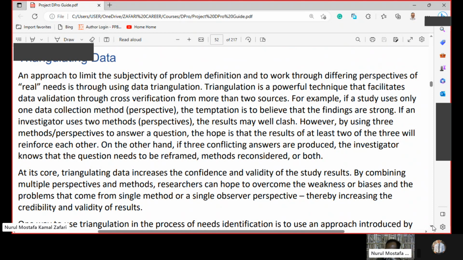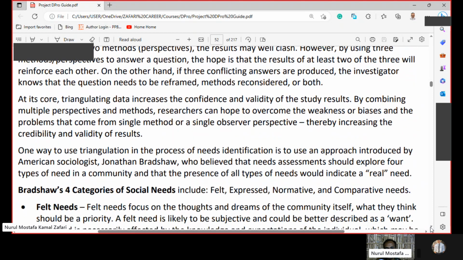So that's why in every situation, not only during writing a need assessment, we can use this data triangulation method in our other practical life and professional life too.